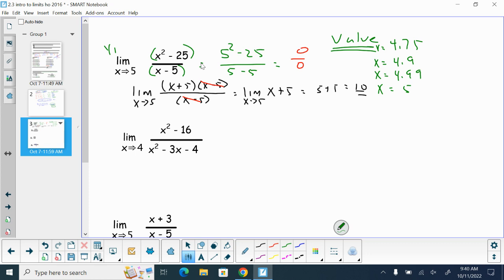Go to your value function, go to your value application on your calculator. Calculate your value of 4.75, 4.9, 4.99, and then 5.